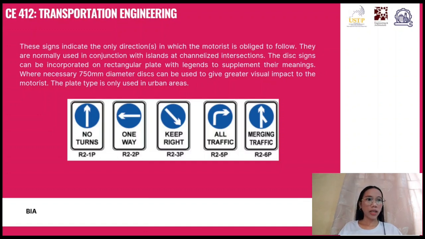Keep right means stay to the right of an island or obstruction. All traffic means all vehicles must follow a specific direction. And lastly, merging traffic means another traffic stream is joining, so merge carefully.